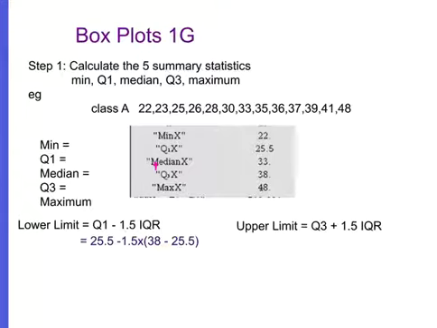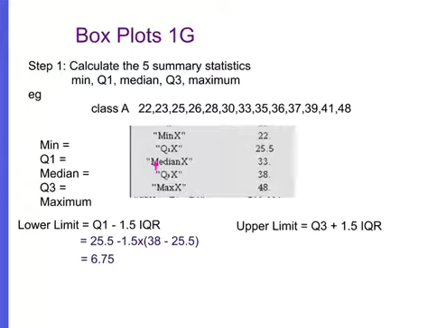When you solve that on your calculator, you get an answer of 6.75. What that means is if we have any values in Class A that are less than 6.75, they're classified as outliers. If we have a look at our values up here, our smallest value is 22. So we have no outliers on that lower limit.